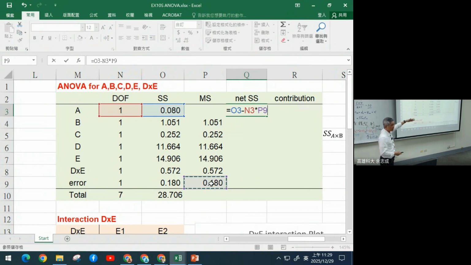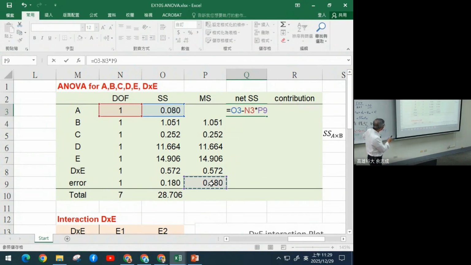Okay, this is the equation. Original sum square minus the degree of freedom for this effect multiplied by the mean sum of square due to error.